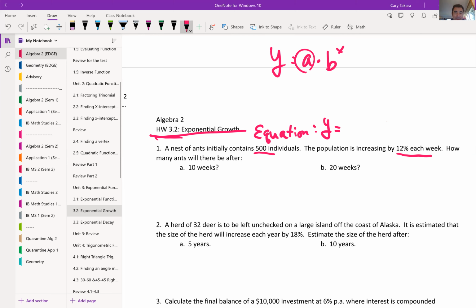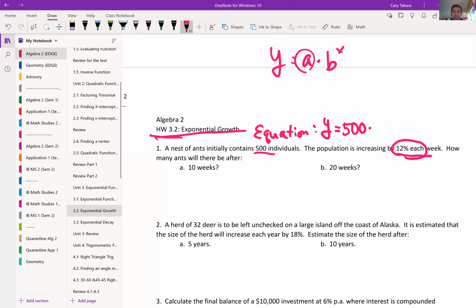In this case, it's 500 ants, right? And then the rate is 12%, okay? So there's an easy step to do, figure out, okay? So this is how you do this, okay?